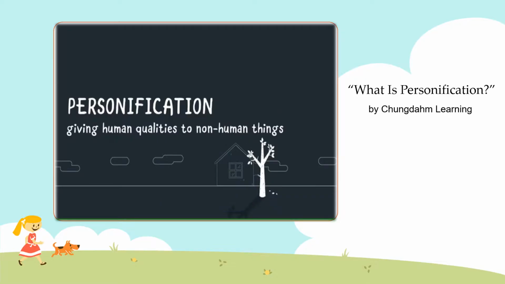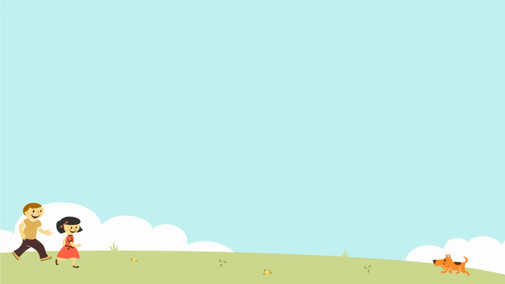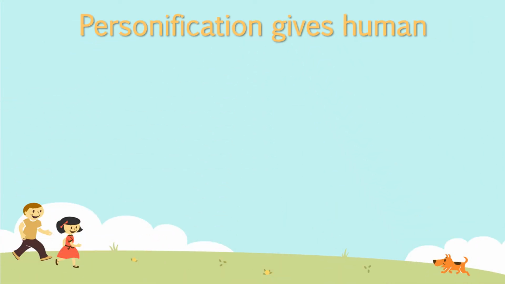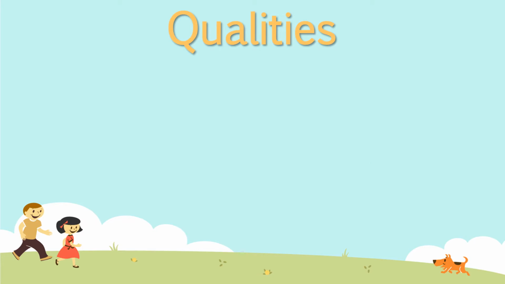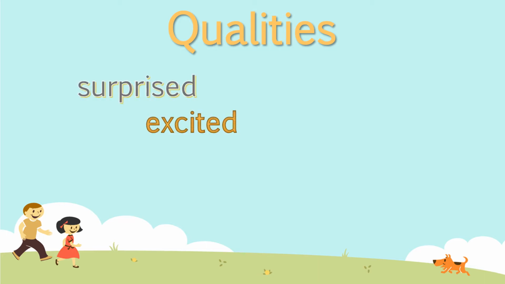Wow! Weren't those great examples of personification? Do you remember the definition? That's right. Personification gives human qualities and characteristics to non-living things. Some human qualities that can be used to describe people is the use of emotions, like surprised, excited, angry, or jealous.